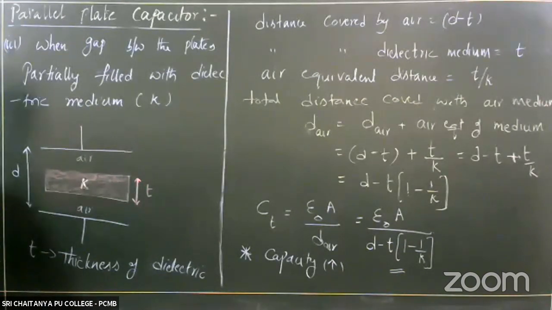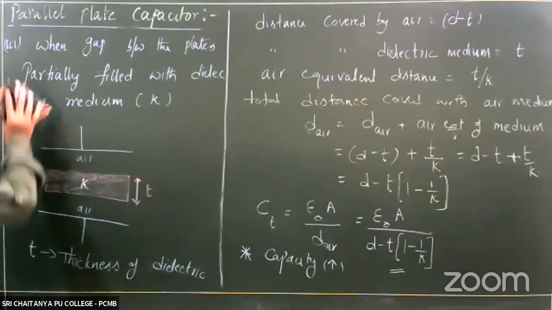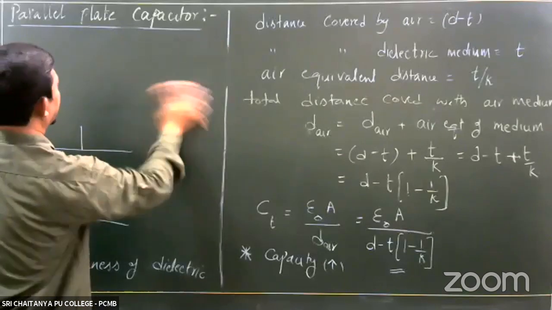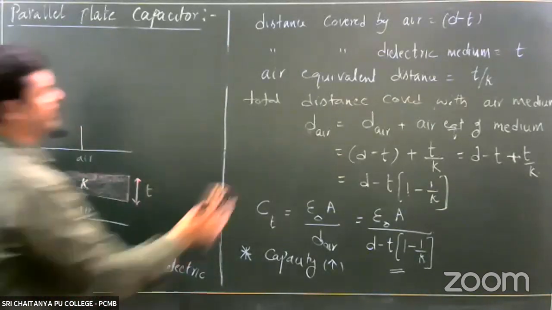Ct, capacity is C. To bring back the capacity to the same value, what to do? Think. It's an application. That is like this.